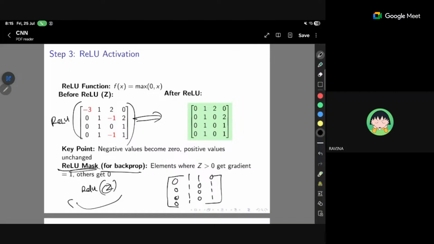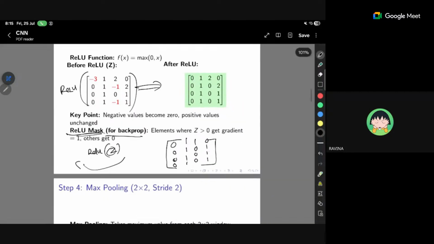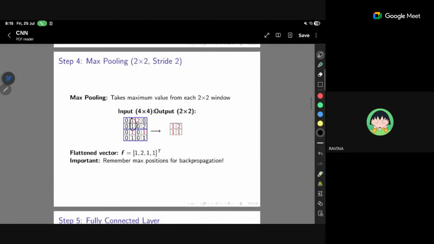Okay, sir. I thought it's the mask one. No, the mask is where, wherever value was positive, when we do back propagation, you know that you will get like this, right? That if greater than 0, then it is a one. Max of 0 comma x with respect to x, right? So you know the derivation of that. Now here tie happened, right?